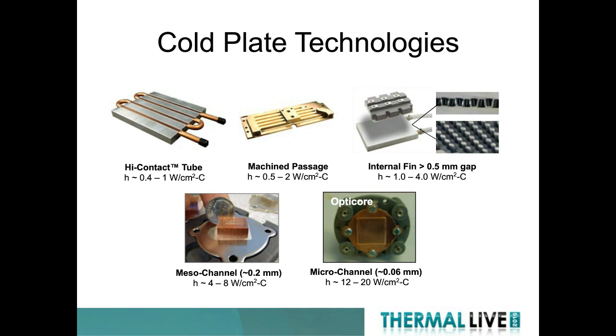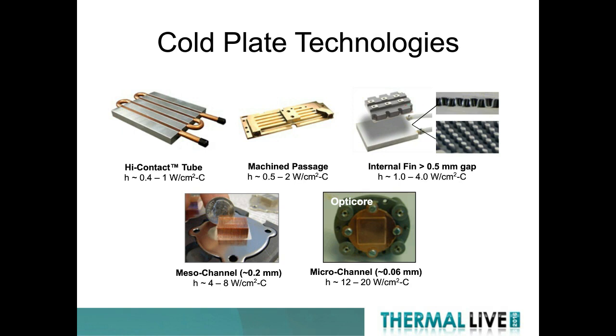When we look at cold plate technologies, there's a range of different cold plate technologies, and of course when we are interfacing different devices, the shapes change. But if we look at the main drivers of thermal performance, we look at the heat transfer coefficient.